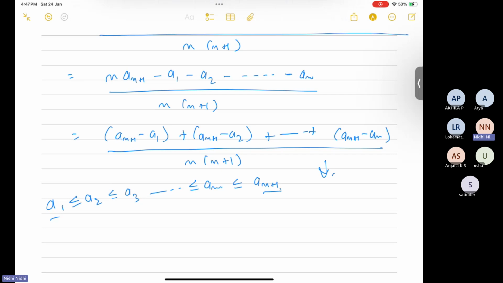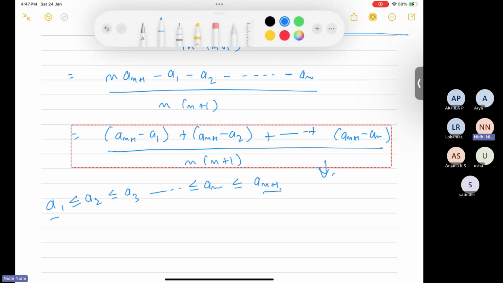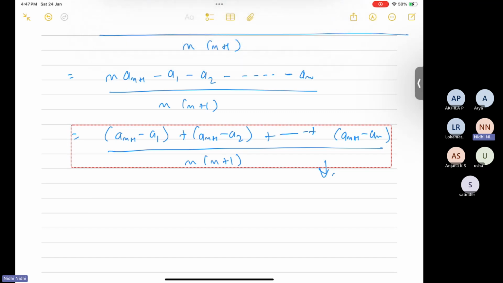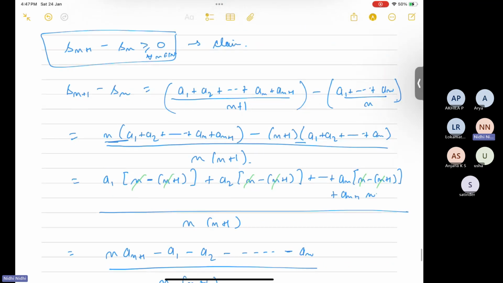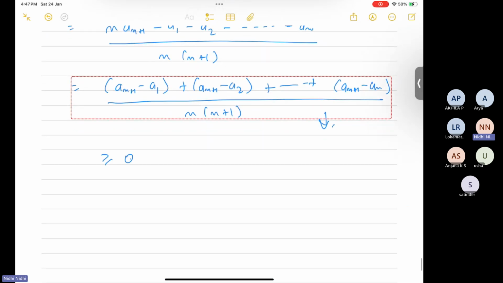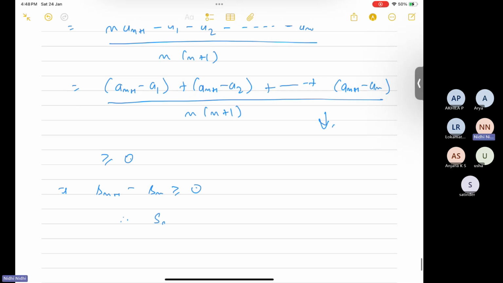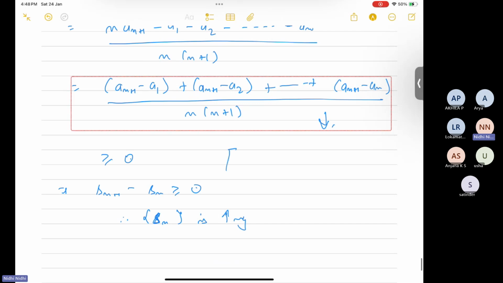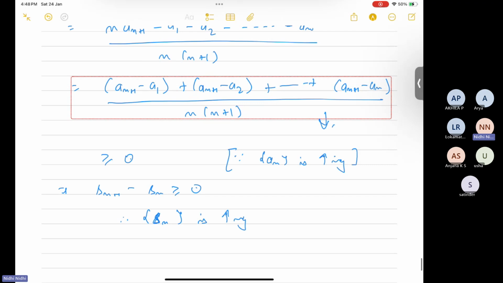So an plus 1 minus an will be positive, an plus 1 minus a2 will be positive, all the terms will be positive. And obviously n times n plus 1 is also positive, so this will be greater than or equal to 0. So we started with Sn plus 1 minus Sn, and we got that it is positive, therefore the sequence Sn is increasing. Now this happened because the sequence an was increasing. Therefore, if the sequence an is bounded and increasing, the sequence Sn will be bounded and increasing as well.